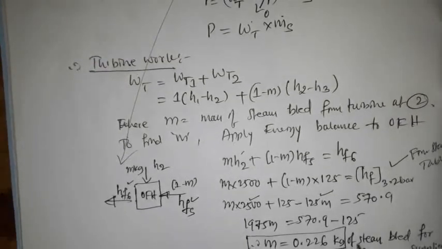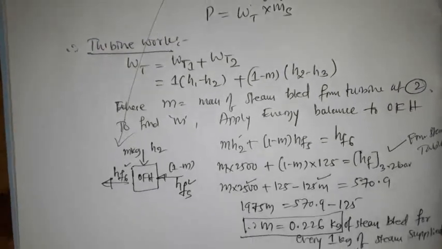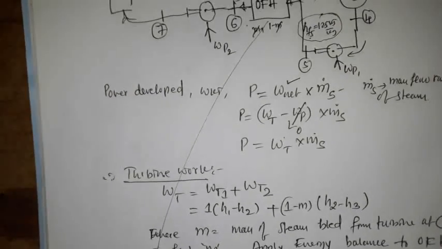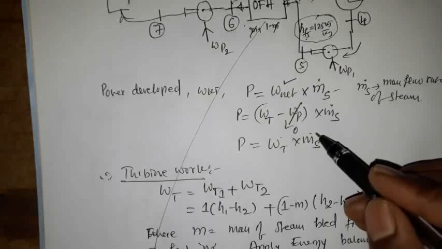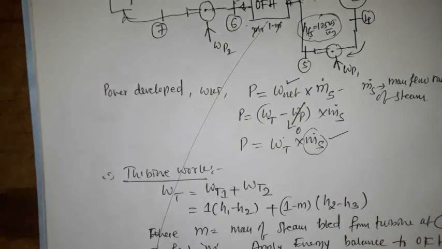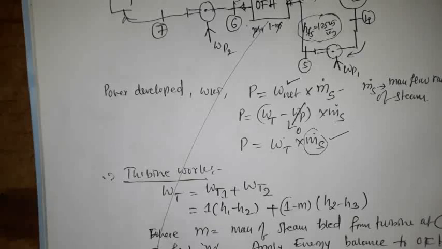We don't want the mass of steam bled M, we want m dot s, that is mass of steam per hour or per second.